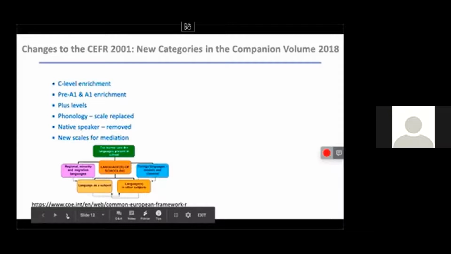And the languages of schooling are related to the learner and the languages in school, foreign languages, modern and classical, languages in other subjects, I'm talking about CLIL here, language as a subject, but also in a Europe which is more and more multilingual, regional, minority, and migration languages. So if you want to spend a Sunday afternoon learning about this, it is worth accessing this platform.